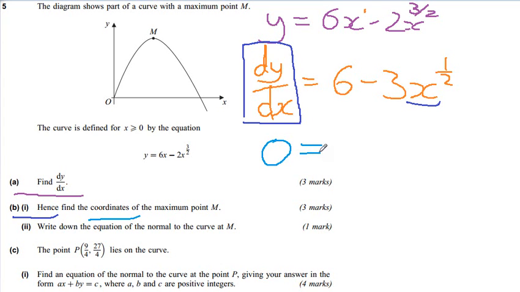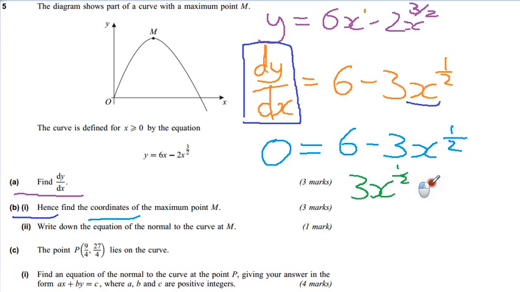So 0 is equal to 6 minus 3x to the half. So next step, let's add 3x to the half to both sides. So we get 3x to the half is equal to 6. Then x to the half, let's divide by 3, is equal to 2.